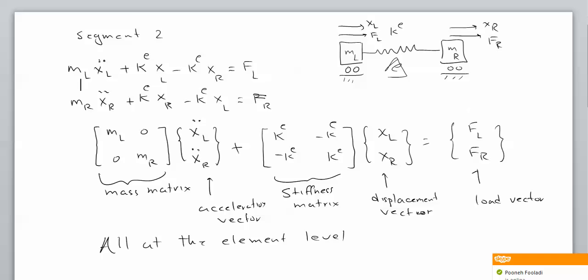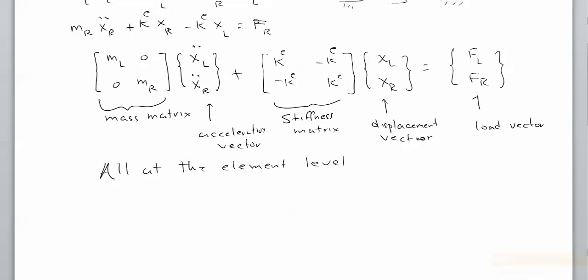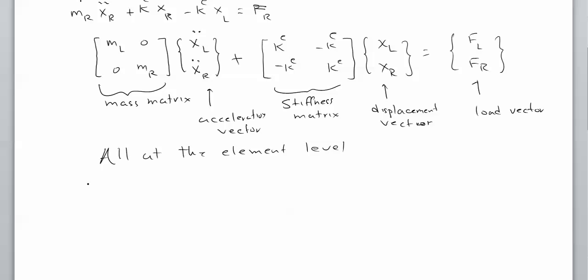Now, there are certain things that we can observe here. First of all, in the mass matrix, the masses appear only on the diagonal. This is why it's called the lumped mass matrix. And it's nice and symmetric, by the way.